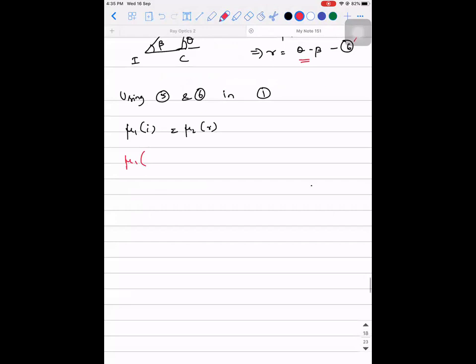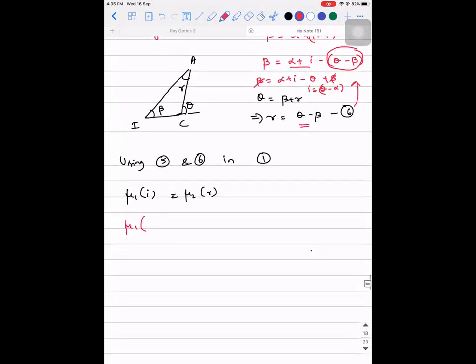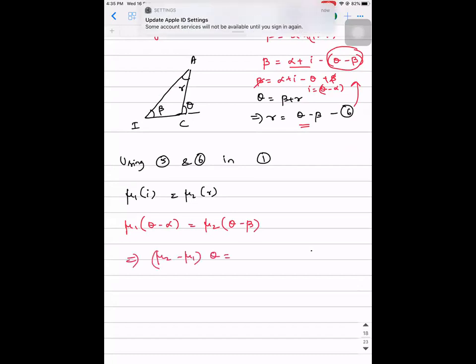Mu1 into what is the value of I? Theta minus alpha is equal to mu2 into what is the value of R? Theta minus beta, which implies mu2 minus mu1 into theta is equal to mu2 beta minus mu1 alpha.